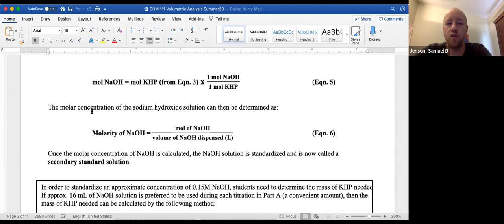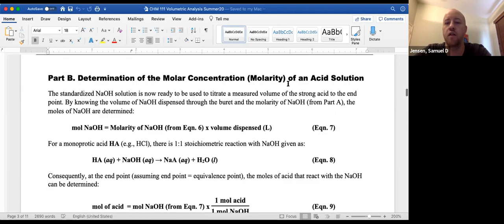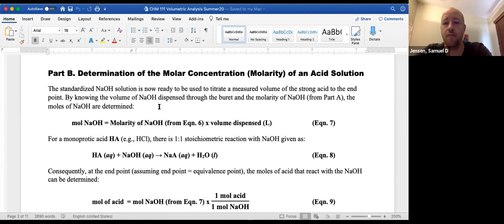We would then use this sodium hydroxide, whose concentration we now know analytically with several sig figs, at least probably three or four, to find the concentration of an acid solution. In this case, it's HCl. So this is not an unknown. We know that the unknown in part B is HCl, but we don't know what its concentration is.